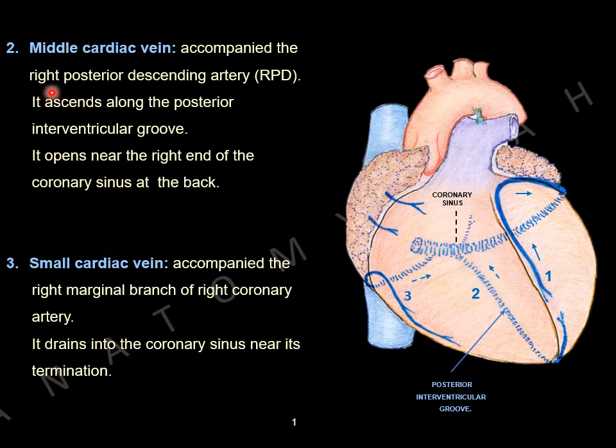Now we are going back to the middle cardiac vein. This is the middle cardiac vein at the back of the heart, running along the posterior interventricular groove, going up and joining the coronary sinus and draining into it.